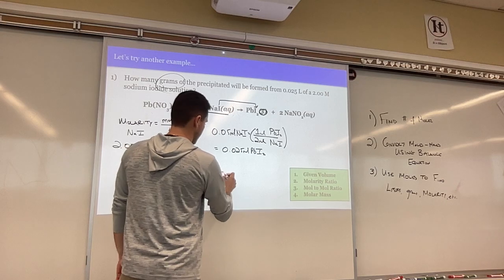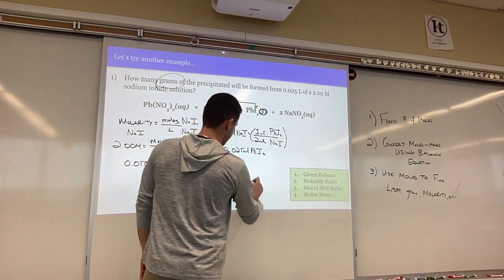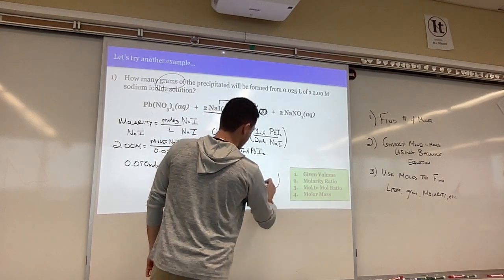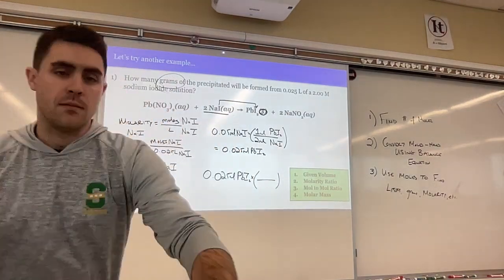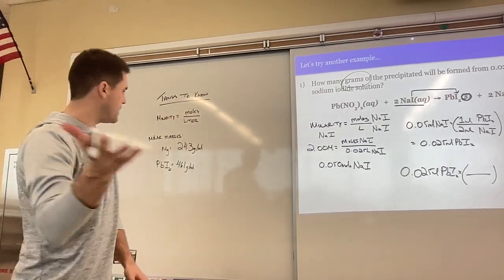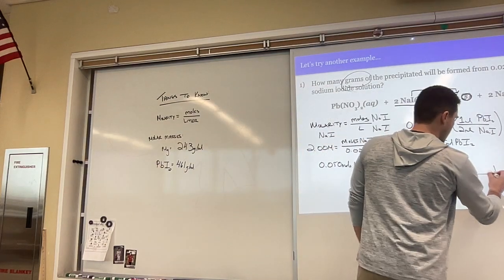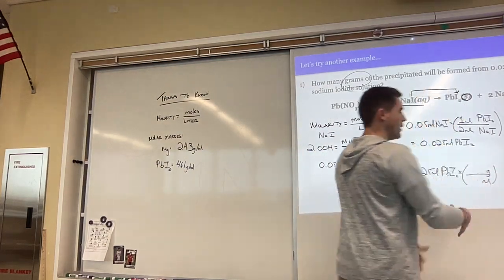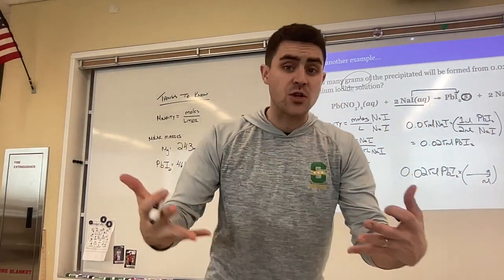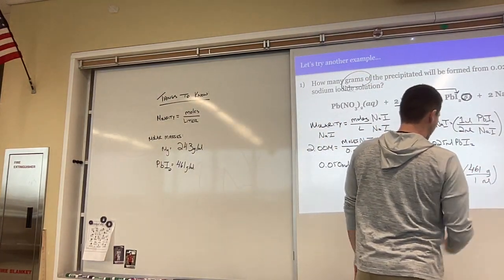So 0.025 moles of PbI2 times the molar mass, which is PbI2. Don't do PBI. Some of you in class are doing PBI. Stop, that's PbI2. PbI2 is 461 grams per mole. I want grams on top because I'm trying to find the grams, so grams go on top. That's 461 grams per mole.